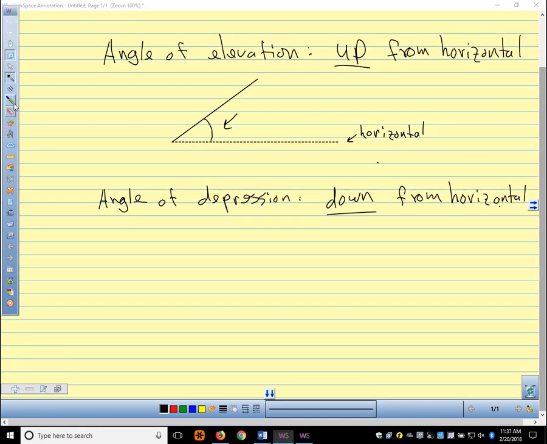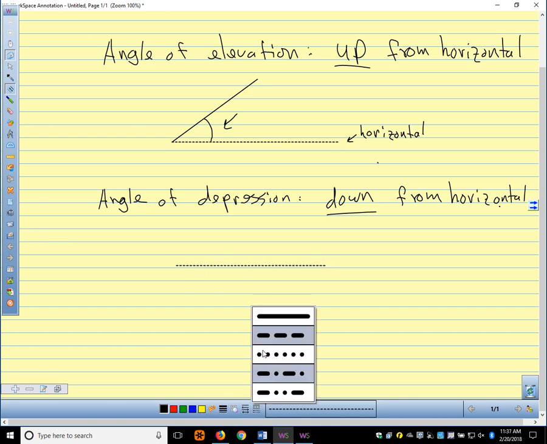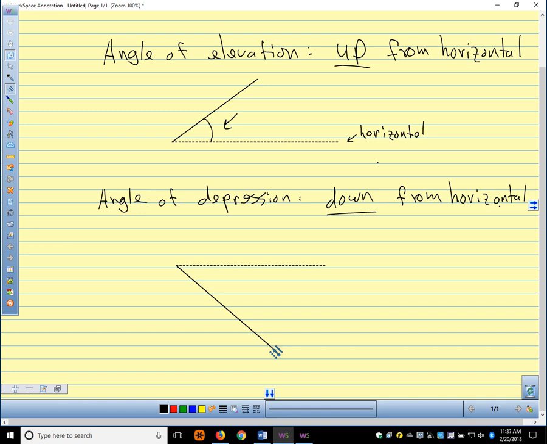So if I draw my horizontal line, my dotted horizontal line here, my angle of depression goes down from the horizontal. So really it's just a particular way of describing an angle.